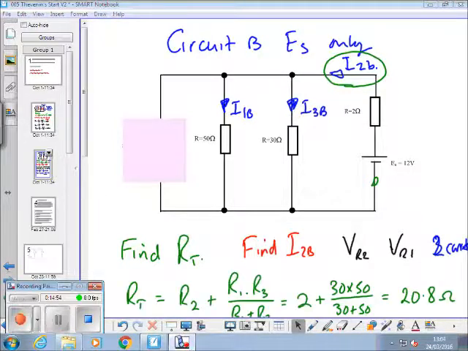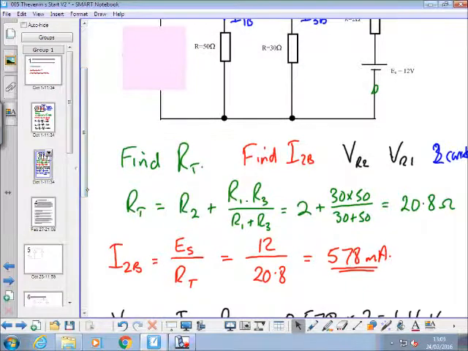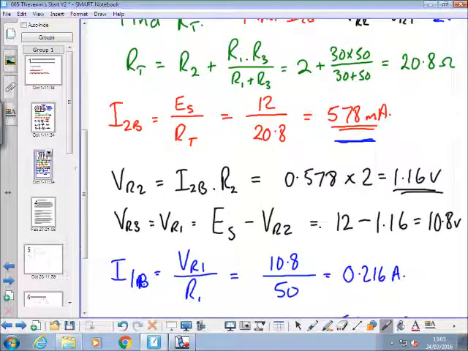So just to summarise that process for the video, we went through and found the total resistance, 20.8 ohms, and used that to find I2B, 578 milliamps. Having found that, it allowed us to find the volt drop across V2, 1.16 volts.